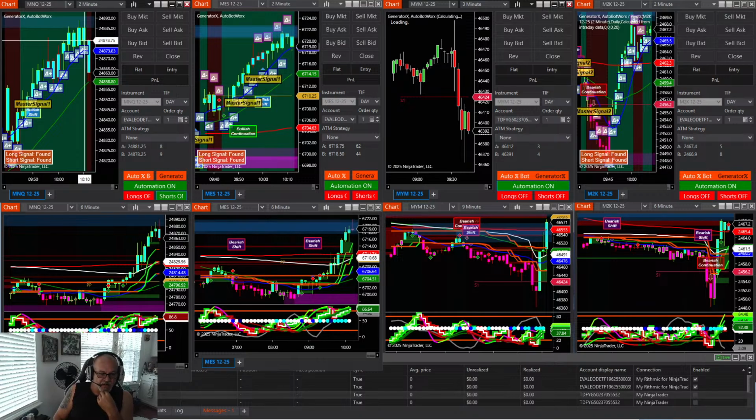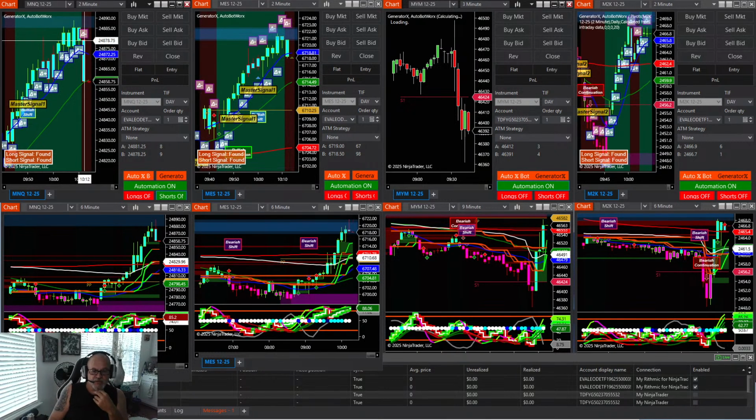We're going to see if this 10 o'clock reversal time works. The 9 and the 21 are still below the 200 on both NQ and ES, so this push up may be sustained. It may not. We may come back down to the 200 and to VWAP, which are tight together.